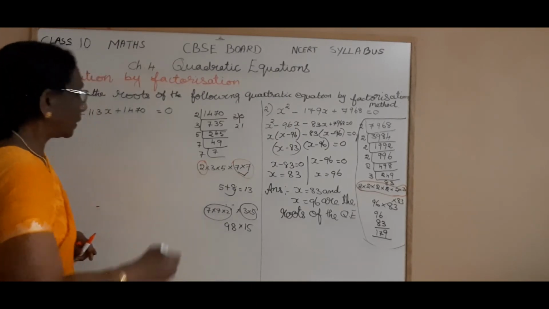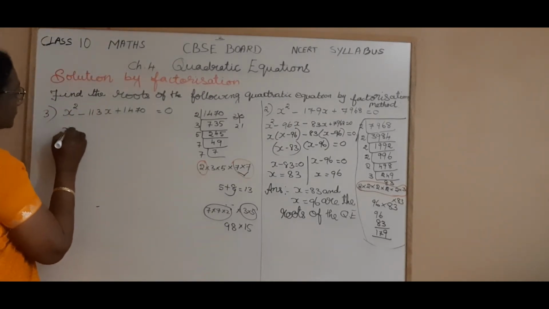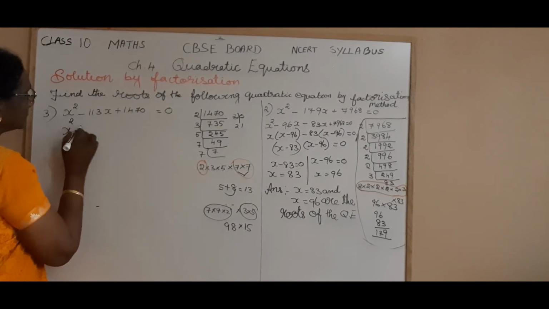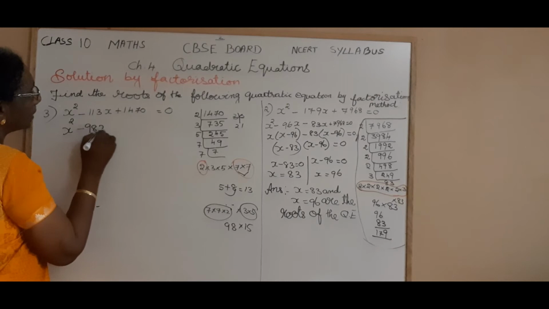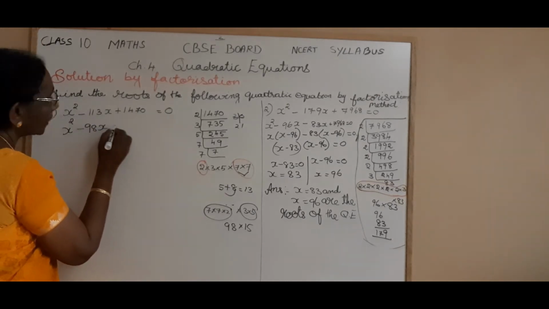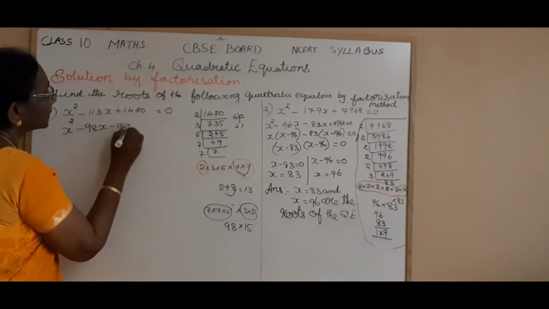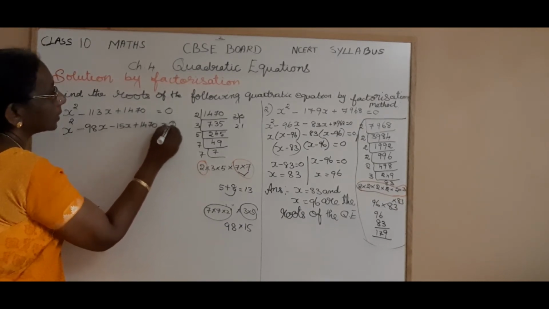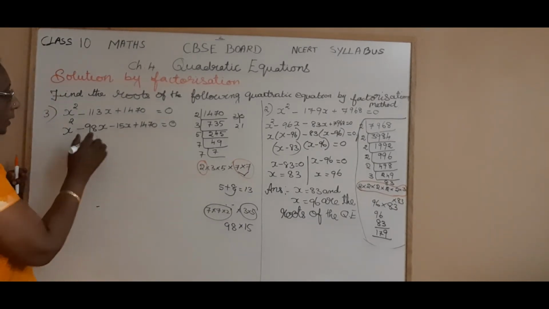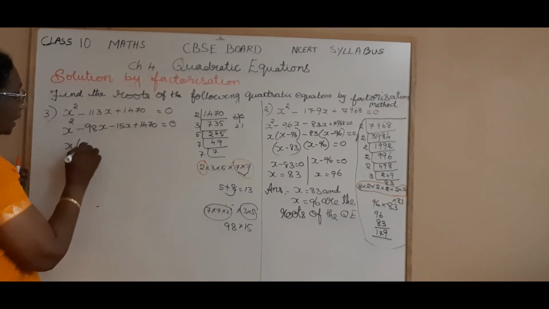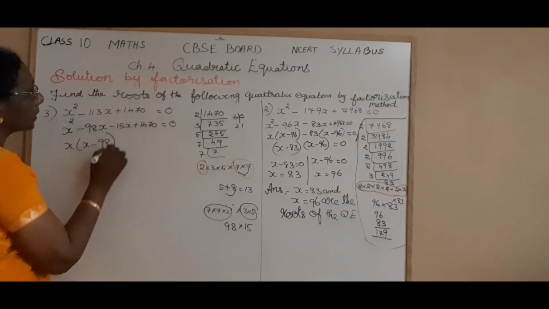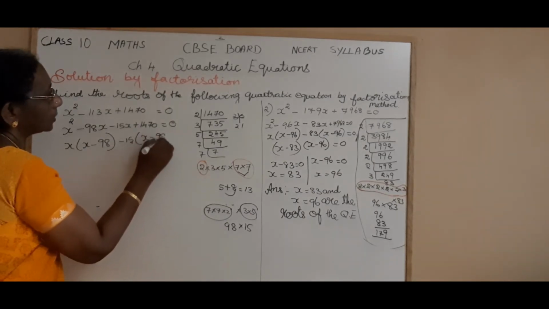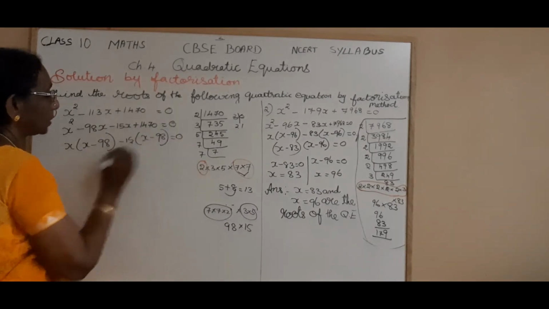Okay, so here x square minus 98x minus 15x plus 1470 is equal to 0. So x is common: x minus 98 minus 15 into x minus 98 is equal to 0.